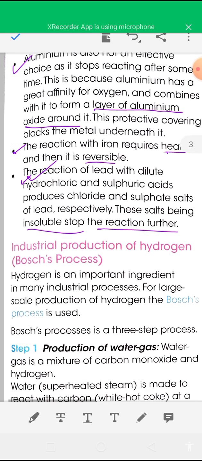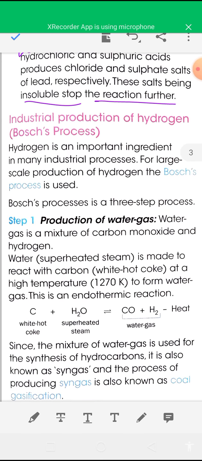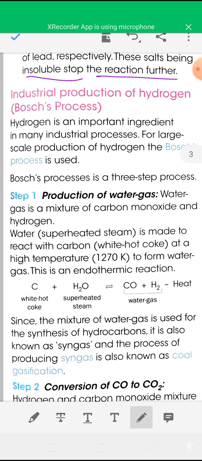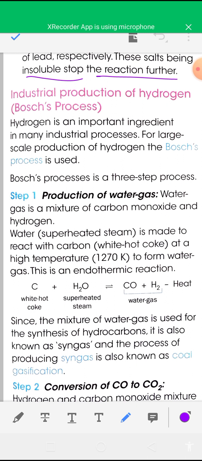Now see, next method is industrial preparation of hydrogen, and the method of preparation is the Bosch process. I will teach you this preparation in class 9. I am excluding this topic, industrial preparation of hydrogen, from your syllabus.